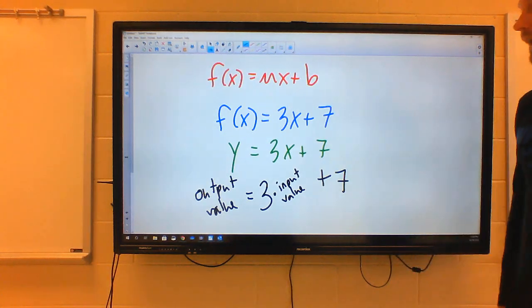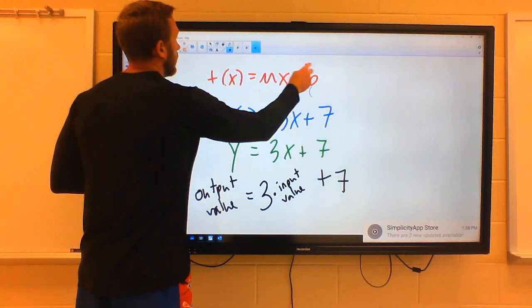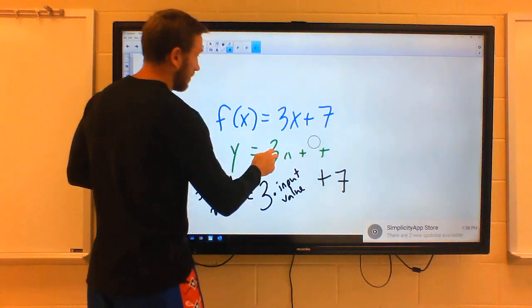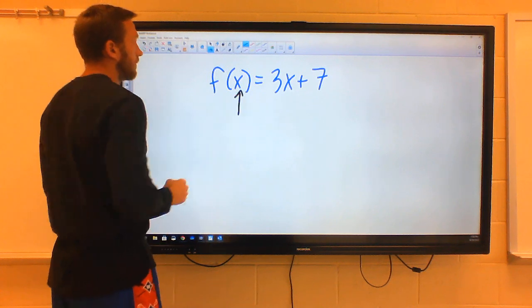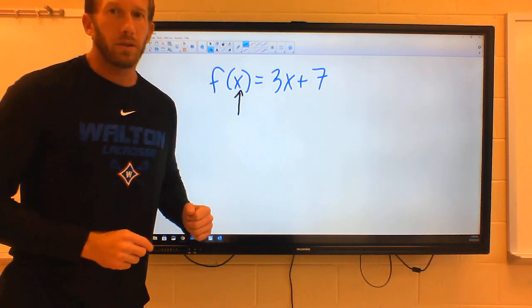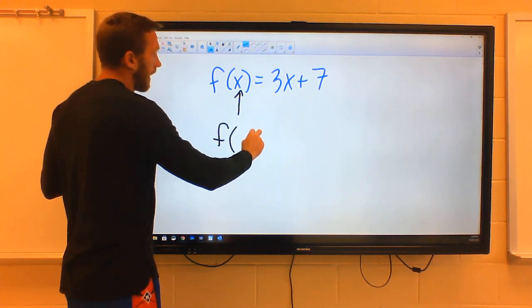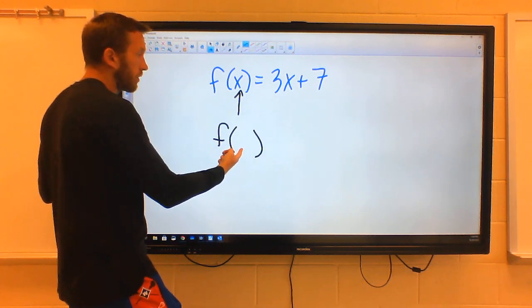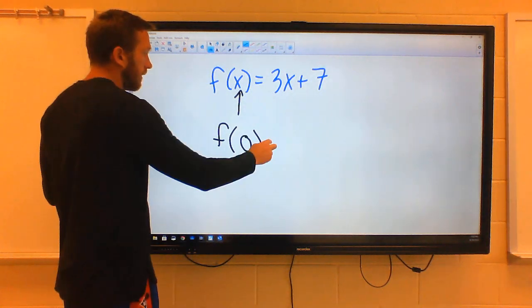The only difference is we have a cool little x there. And the way that we use that x in function notation is it allows us to plug in any number we want for x.